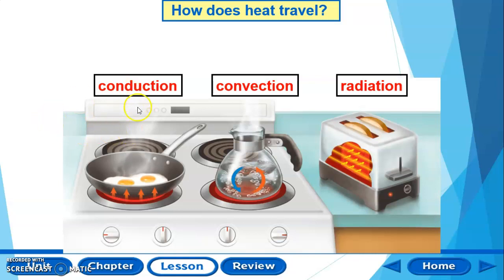So look at this example that I put here. In conduction, heat travels directly from the stove to the pan. Okay, so that is the way the heat travels.